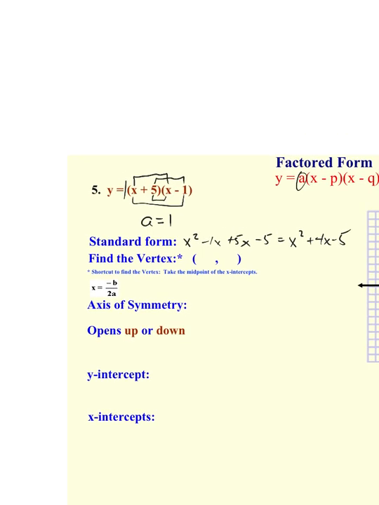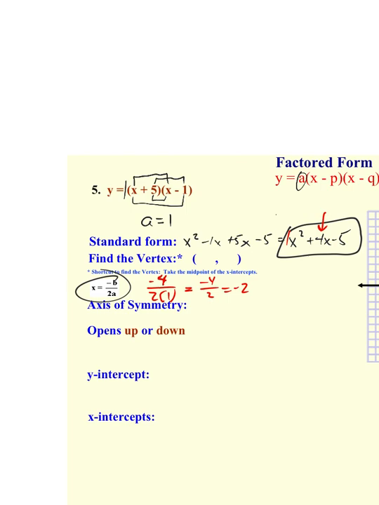And again, to find the vertex, we're going to use that -b over 2a from this equation here. So -b over 2a, where b in this problem is 4, so that would be -4 over 2, and then a is a 1 out in front of that x, so that's a 1. So this is -4 over 2, or -2.